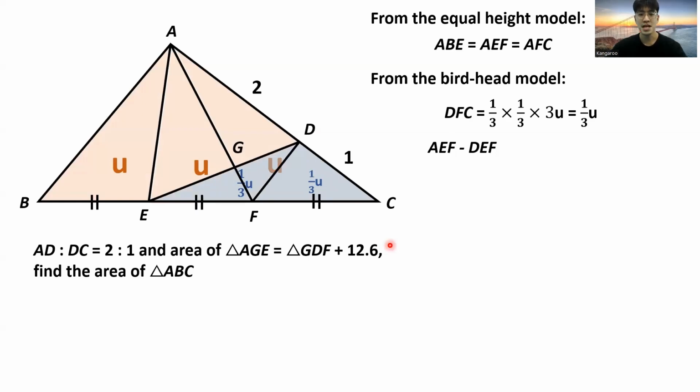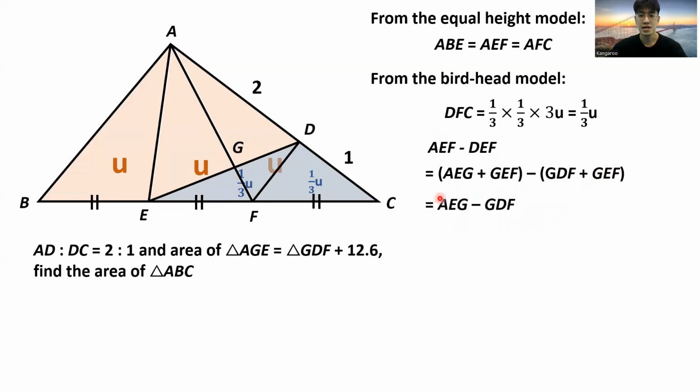To make it more obvious, let me write out AEF as AEG plus GF, which is this area plus this area, minus DEF, which is simply DGF plus GEF. And we see that this GEF cancel each other.